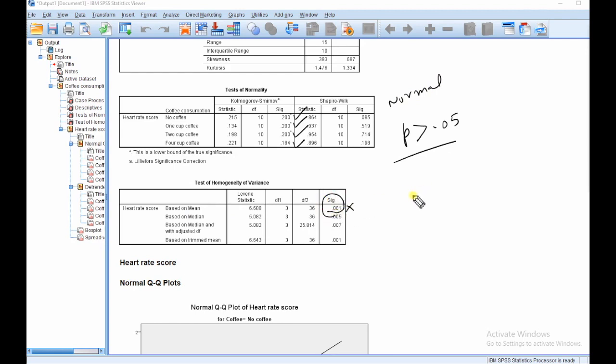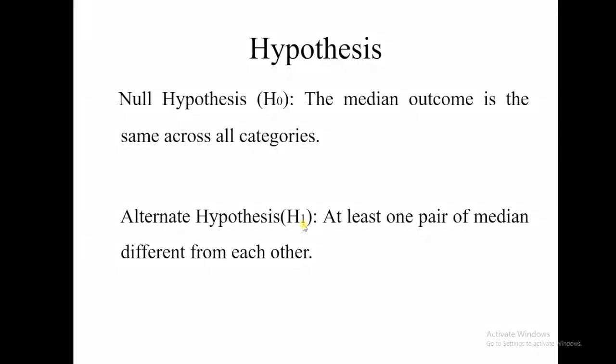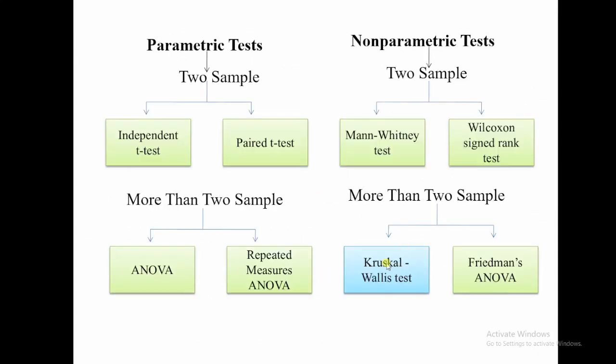So this is not acceptable because the p value should be greater than 0.05. Here the p value is less than 0.05, so the data is not homogeneous. So we will apply the Kruskal-Wallis test, the equivalent of analysis of variance, because my data is not homogeneous.